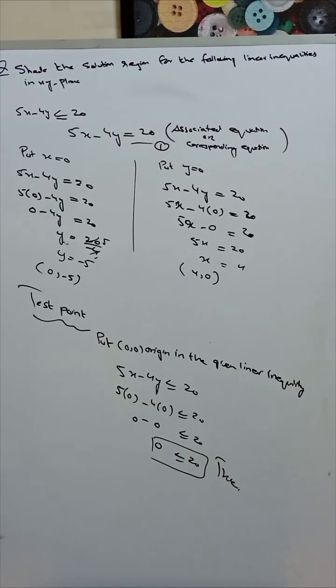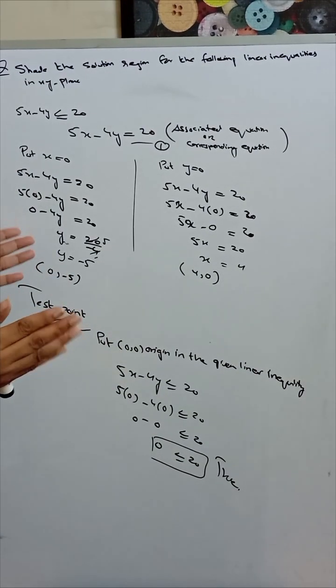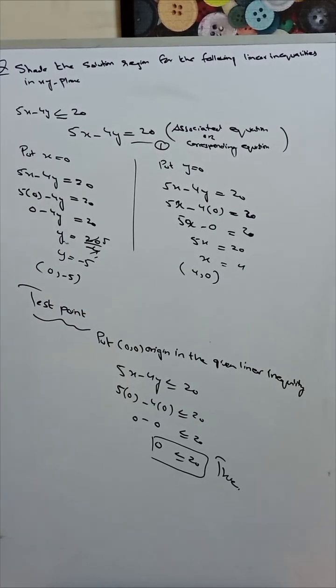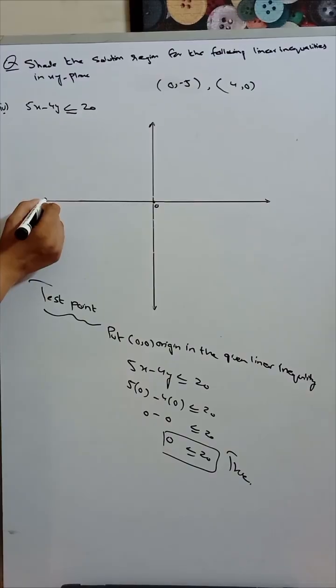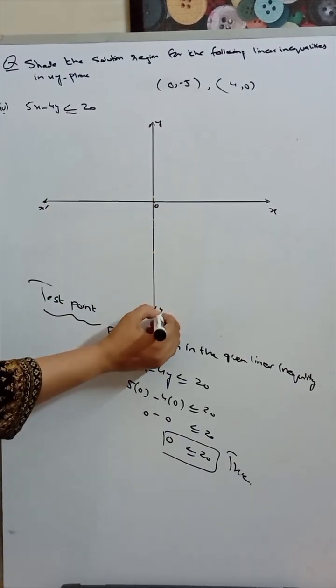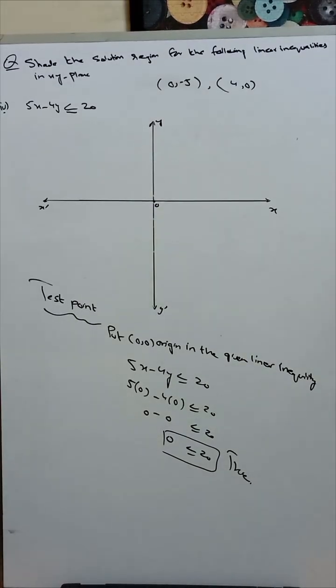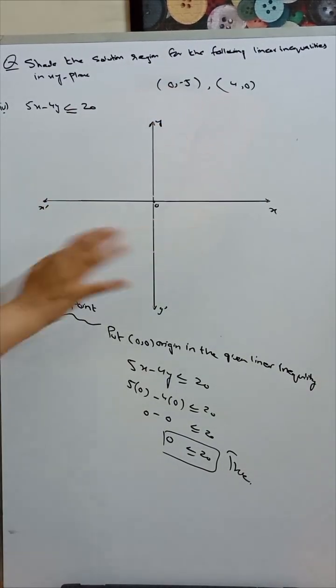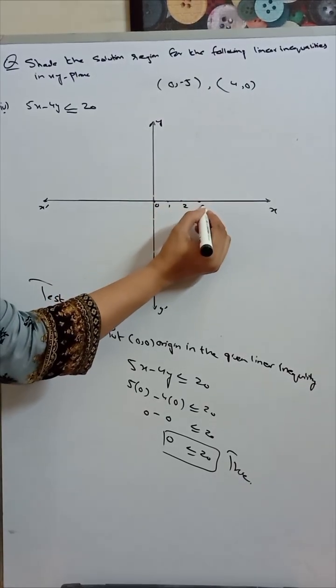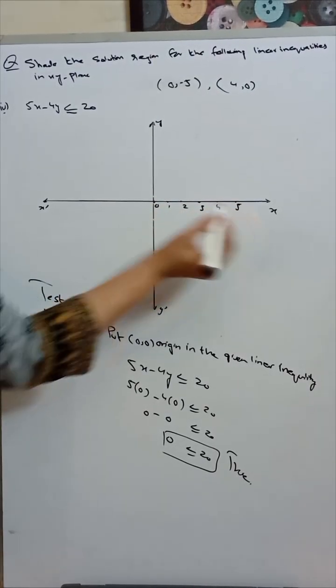Alright. Now on the basis of this, we will get our shaded area either above or below, towards the origin. Draw arrows on the axes: x, x dash, y, y dash. We have to represent minus 5, 4, 0, so I will definitely mark up to 5. 1, 2, 3, 4, 5.